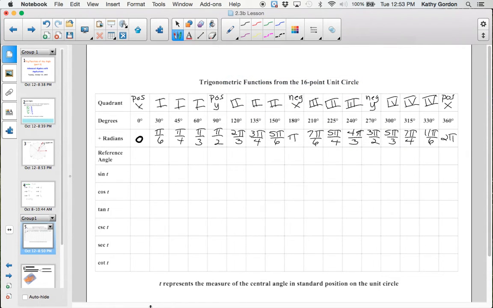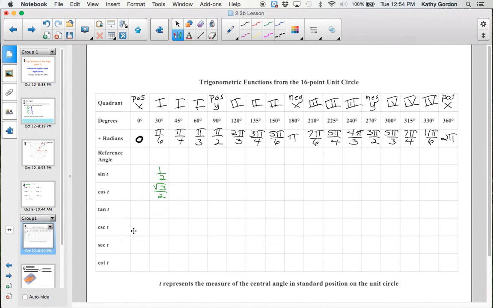Okay, everybody got it? Because I don't want to work these out, I just want to write down what we've already done for work before. So we're going to skip this reference angle line for just a minute and start with sine. What was the sine of 30? 1/2. The cosine of 30? √3/2.